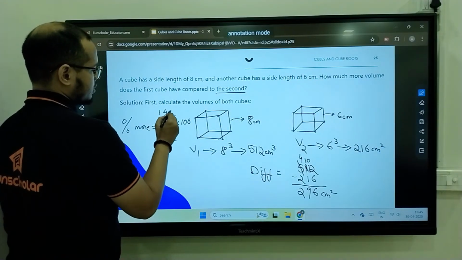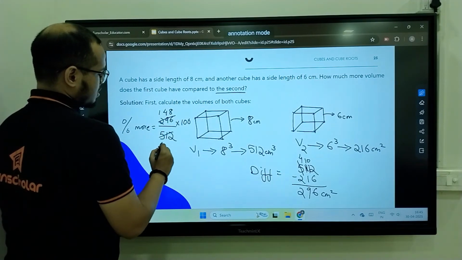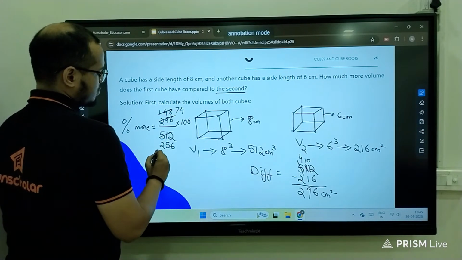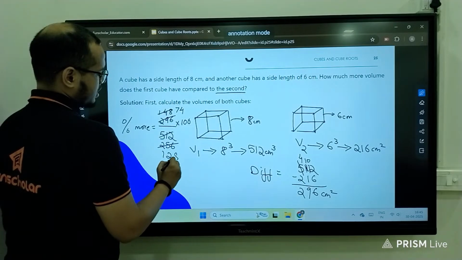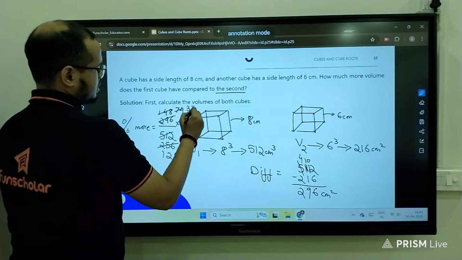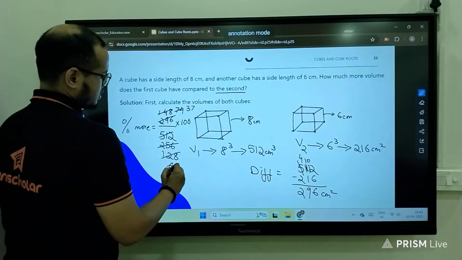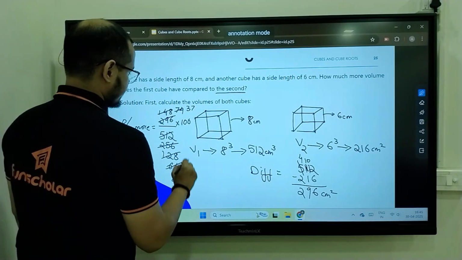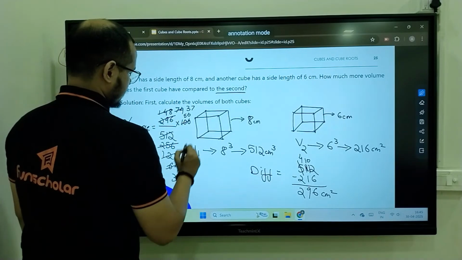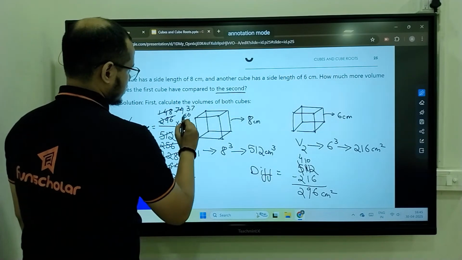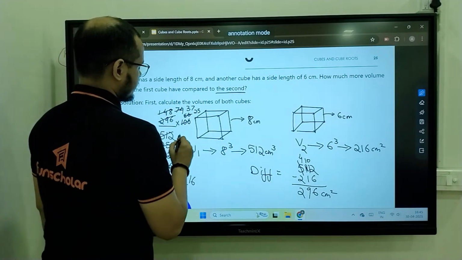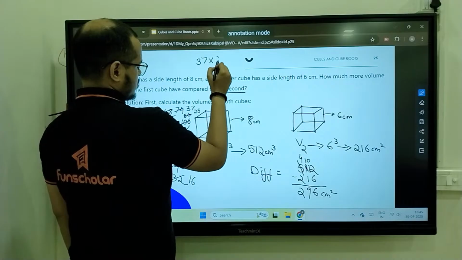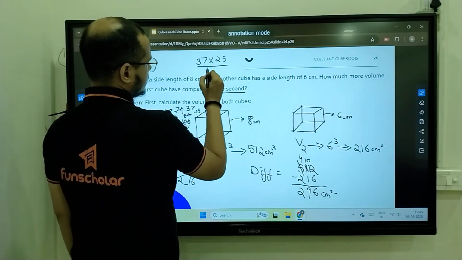So 148, 256, 74, 128, 37, 64, 32, 50, 16, 25. So 37 into 25 divided by 16.